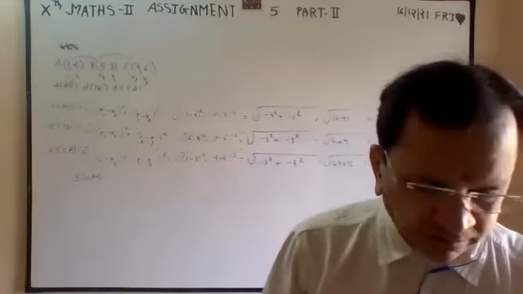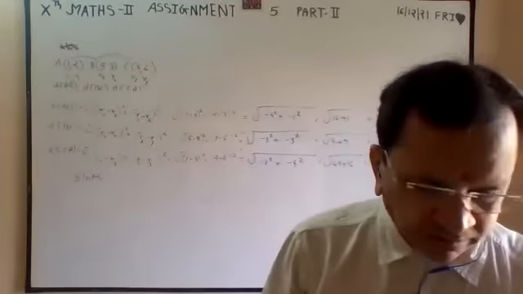Correct. Slope of AB, slope of BC: y1 minus y2 divided by x1 minus x2.